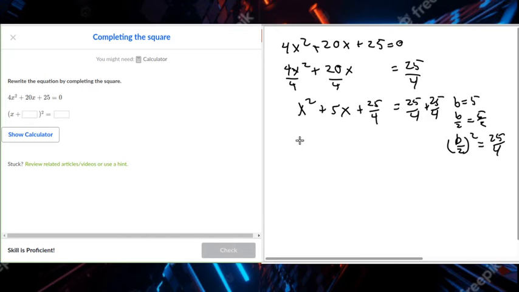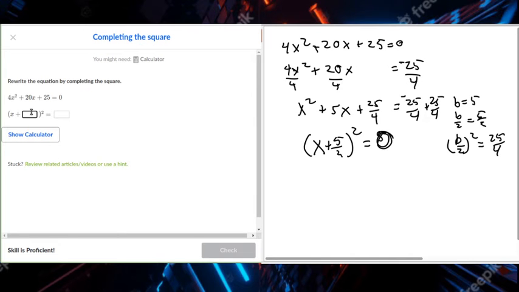So that's going to end up with x plus 5 halves squared equal to, oh, I forgot a negative here. All right, so we're going to end up with that.